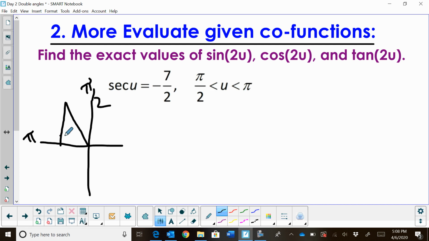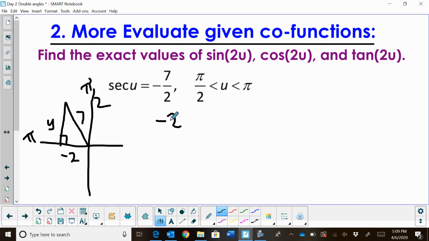Now secant is hypotenuse over adjacent. So 7 is your hypotenuse. The adjacent would be negative 2. Now to find the third side, we're going to use the Pythagorean theorem. For now, we'll call it y for the y value.